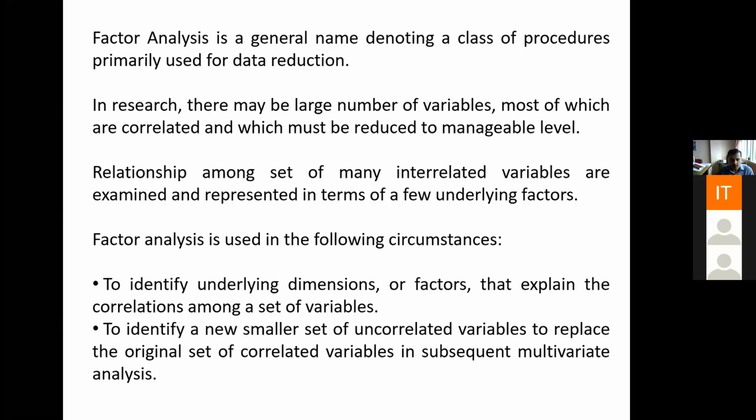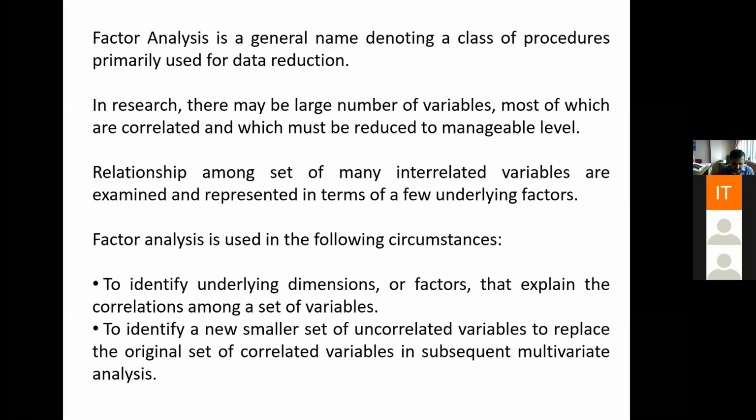First is to identify underlying dimensions or factors that explain the correlations among a set of variables. One thing I want to tell you is that behind the scenes, the entire calculation of factor analysis is dependent upon the correlation among the items, meaning correlation among a set of variables. भाई फैक्टर एनालिसिस कोई भगवान तो नहीं है जिसको ये पता चल जाए कि कौन सी स्टेटमेंट्स एक दूसरे से मिल रही हैं.